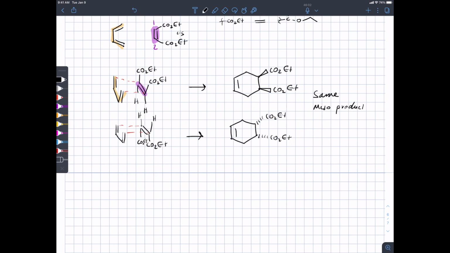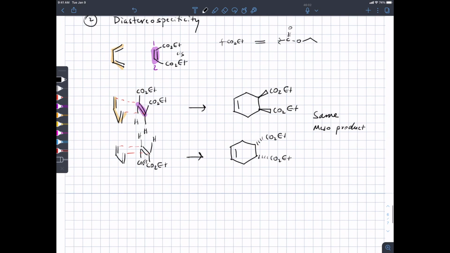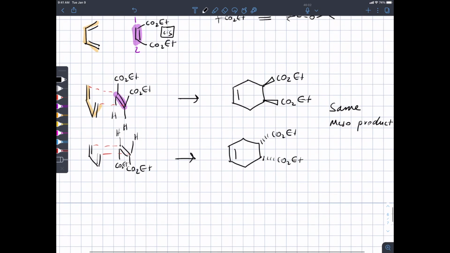But the diastereospecific part is the substituents on the diene are cis, the substituents on the olefin are cis before. They must still be cis relative to the new six-membered ring that we formed after. Okay? That is a key feature.